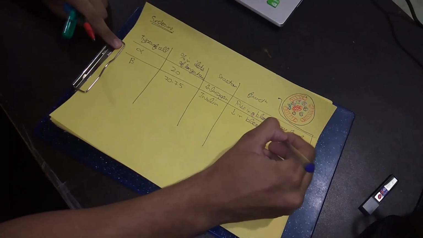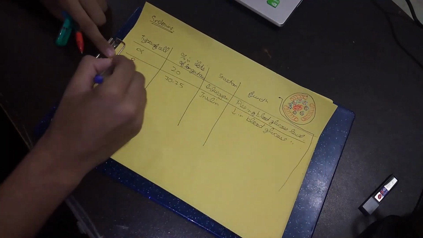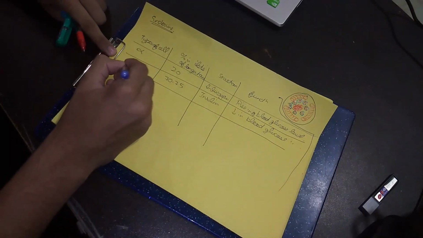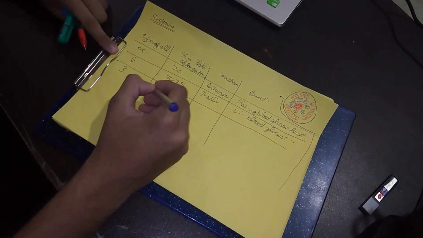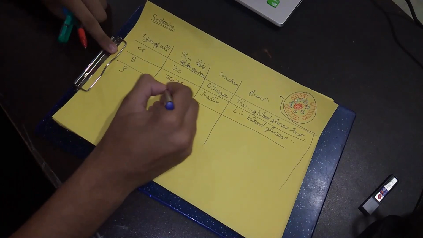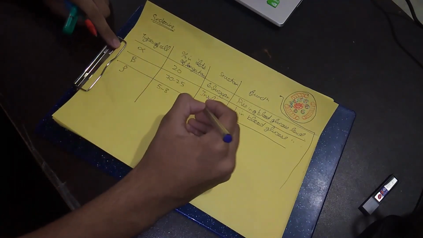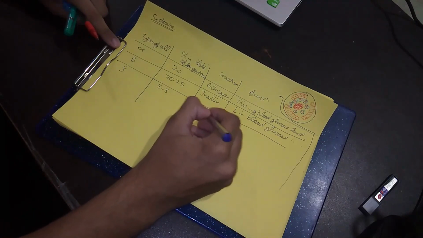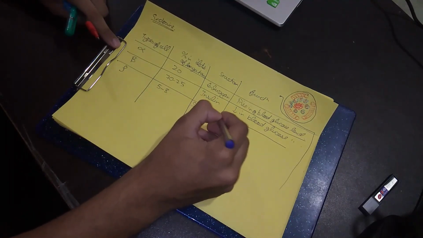Then comes the delta, it's 5 to 8%, I can remember, and it secretes somatostatin.